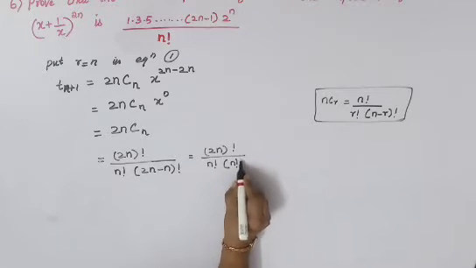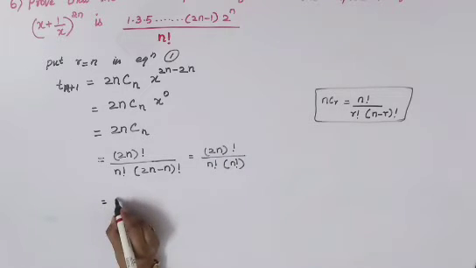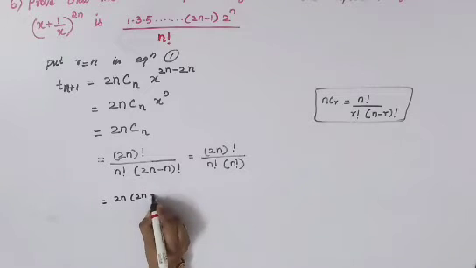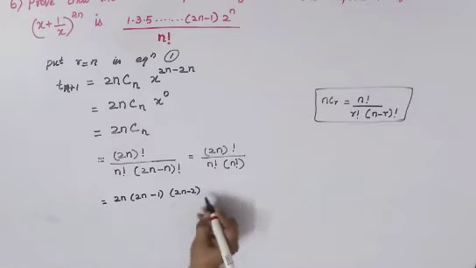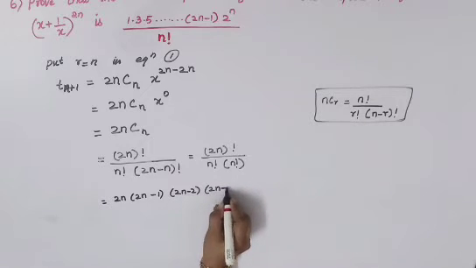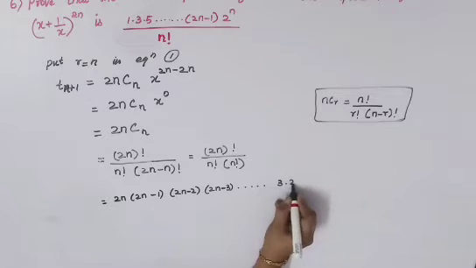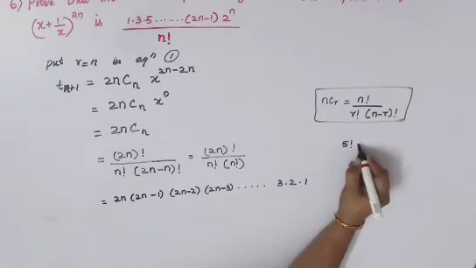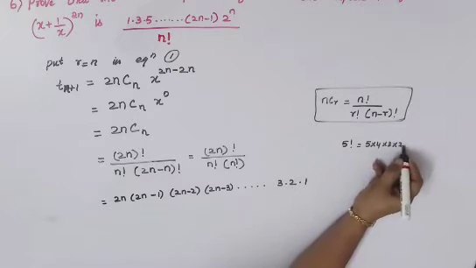So we'll just write 2n factorial, that is nothing but 2n into 2n minus 1 into 2n minus 2 into 2n minus 3 etc. 3 2 up to 1 you will have to go. You all know, isn't it? 5 factorial means you will get 5 into 4 into 3 into 2 into 1.